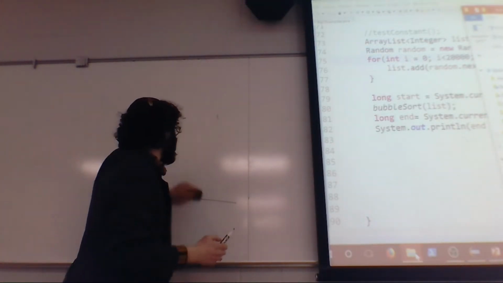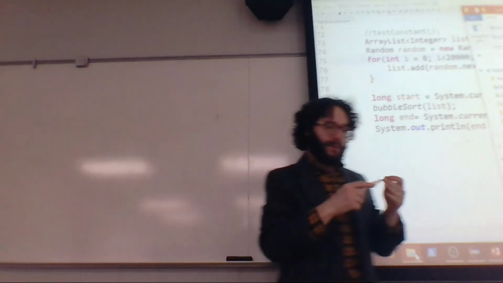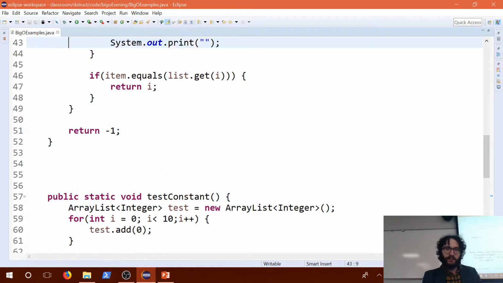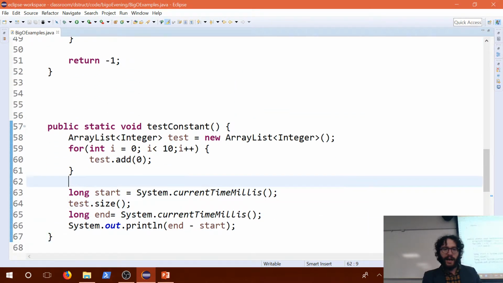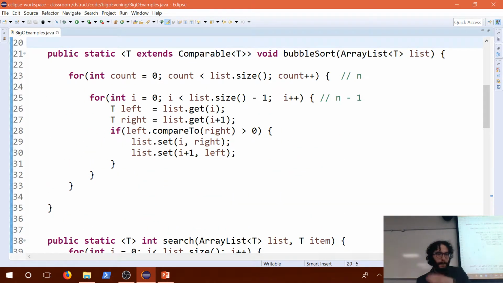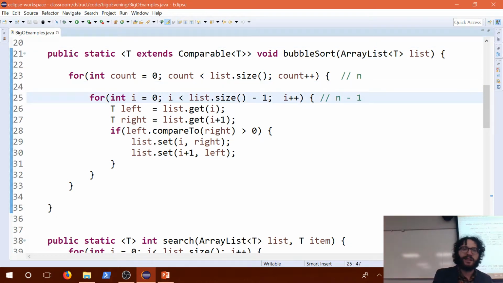Now, some of you might be going, well, this is unoptimized bubble sort, and I know a couple of things about bubble sort. If the last item is sorted, then we don't need to actually check that last item.